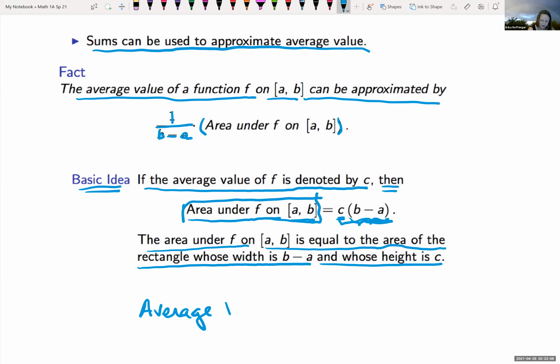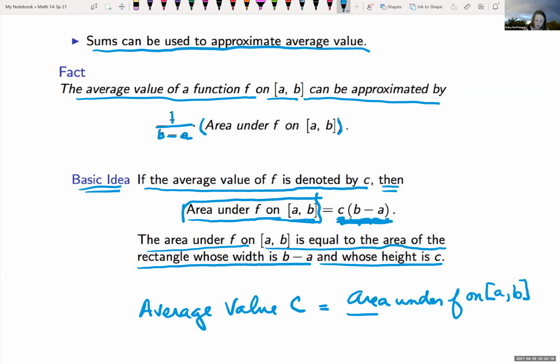So the average value c is equal to, if we divide both sides by b minus a, the area under f on AB, all divided by b minus a.